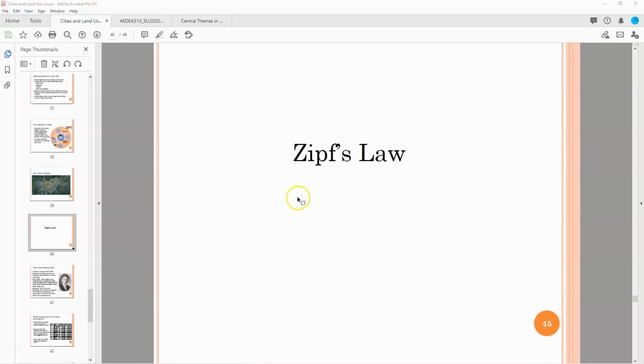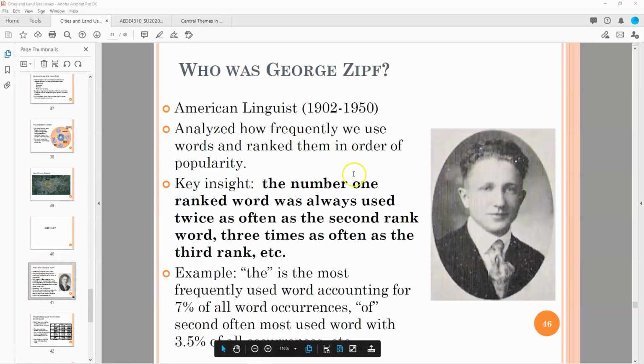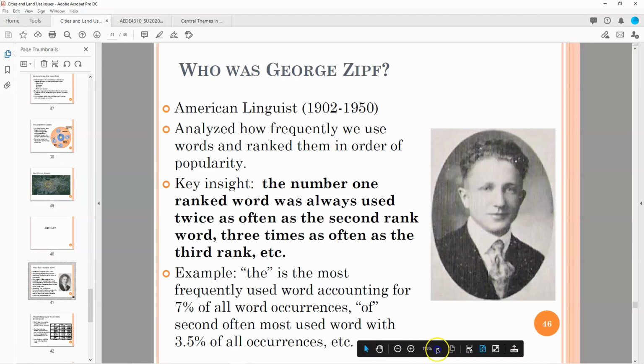The next topic is Zipf's law, and in this slide I explain who Zipf is and what his contribution is. He analyzed how frequently we use words and ranked them in order of popularity.